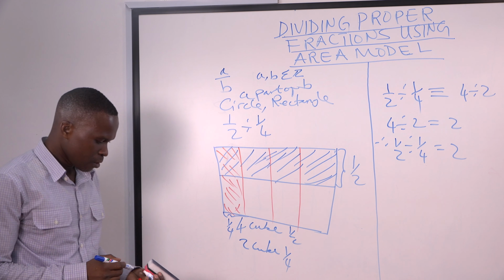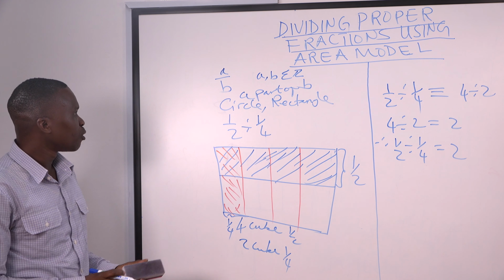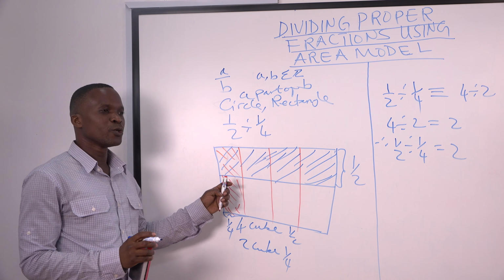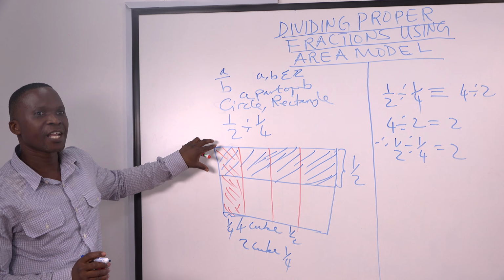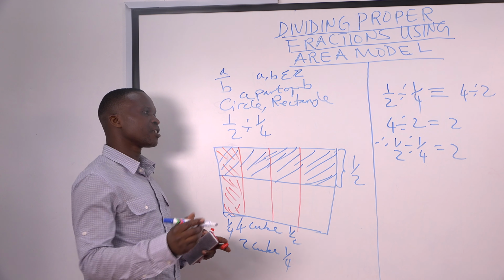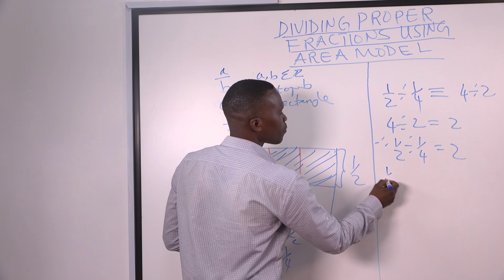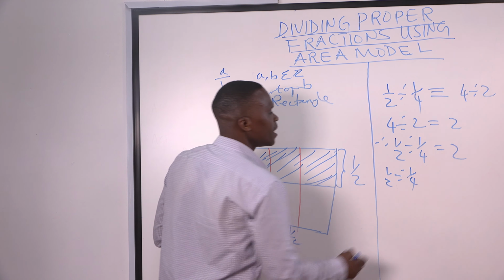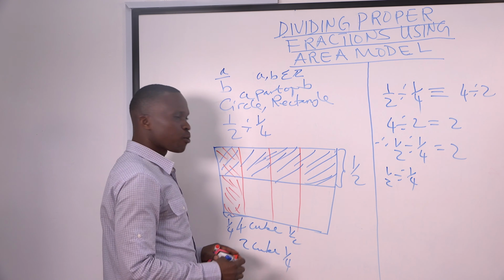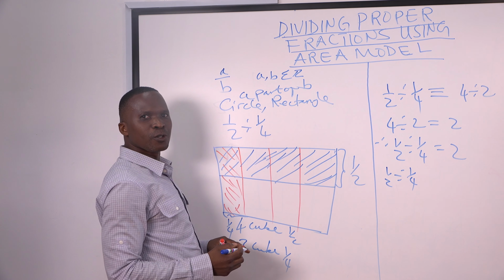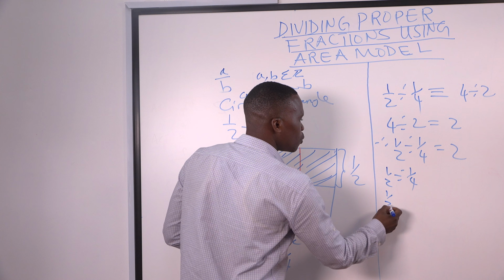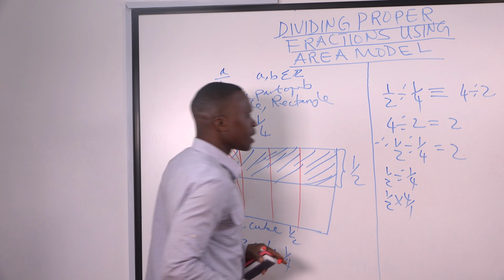Why do we do it like that? The aim is to ensure that students have visualized the calculation, instead of telling students that when you have a half divided by a quarter, you make the reciprocal of a quarter by changing division to multiplication, like that, 2 times over 1.